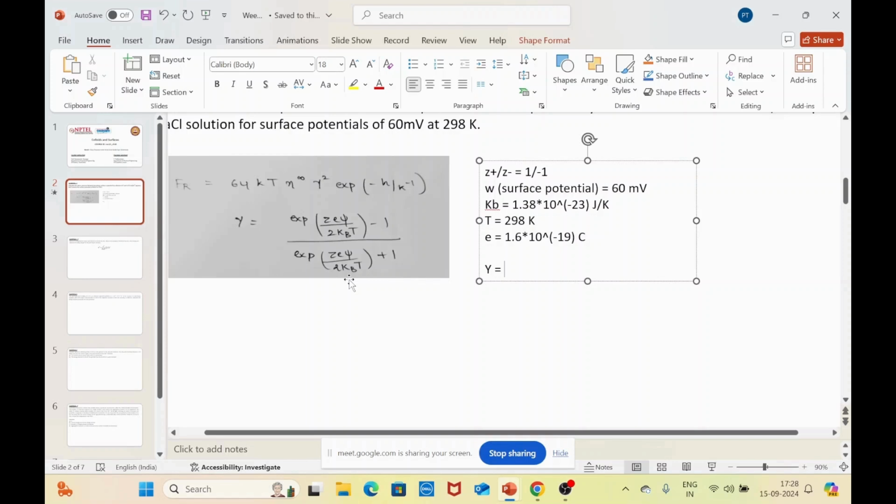So what is the value of gamma? Let me first calculate what Ze psi by 2 kBT is.